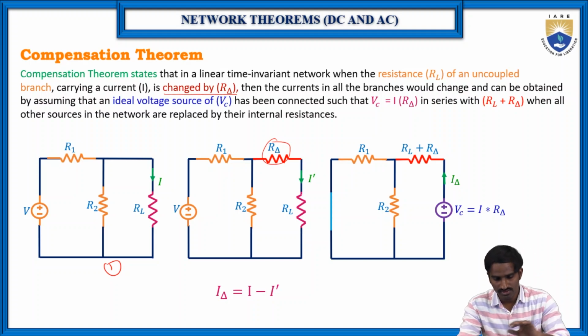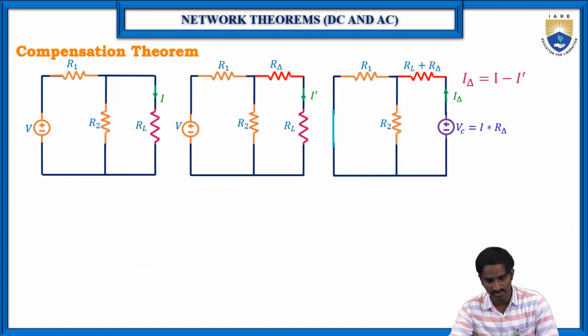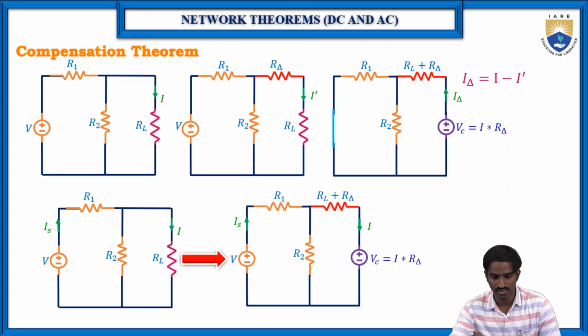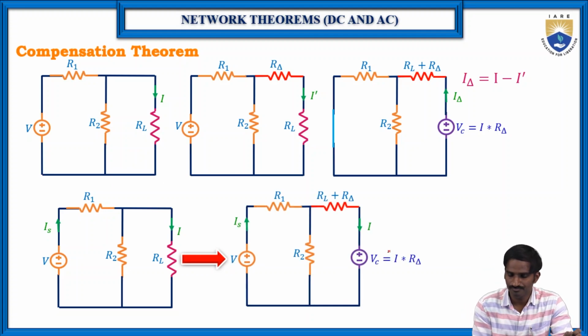To better understand, let me take one example here. As you can see, let us consider here it is I. Of course if you place some resistor in series with this RL, definitely the current flowing through this RL will change.